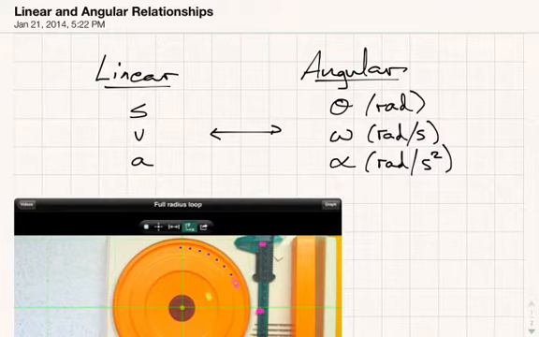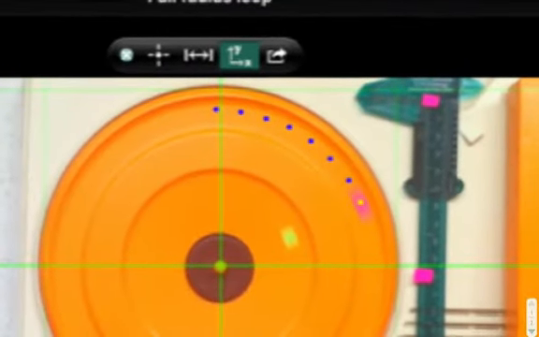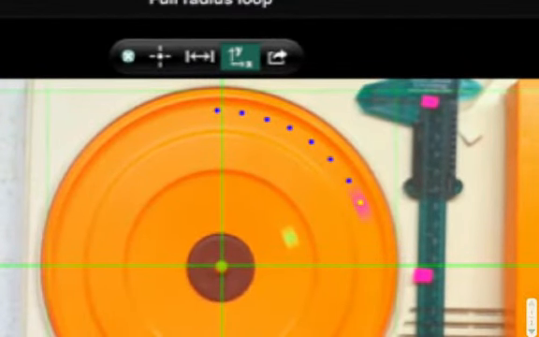All right, so I've imported an image of our rotating disk, and there are a couple quantities that we first should define. We have the center of the circle, right? And we know that from the center of the circle to the pink dot, there is some radius that we call r.